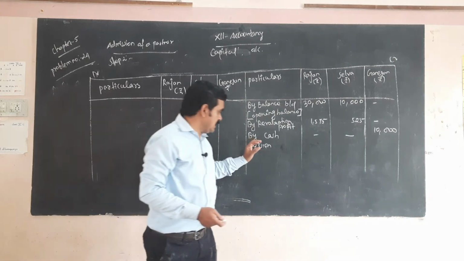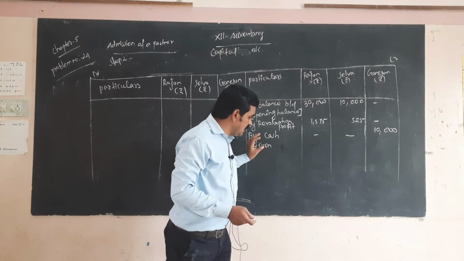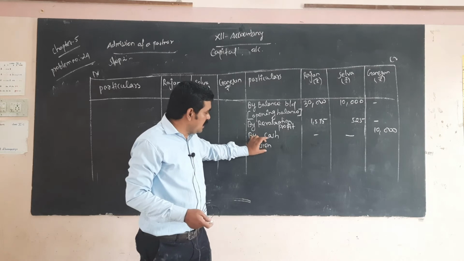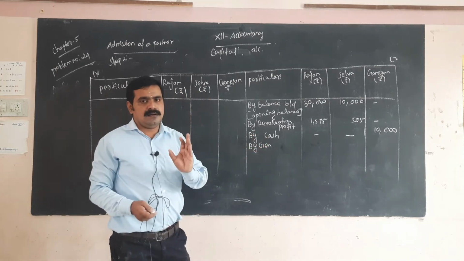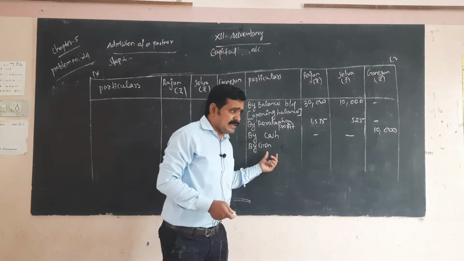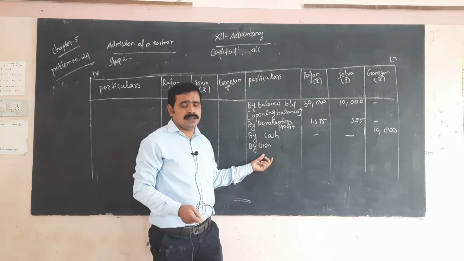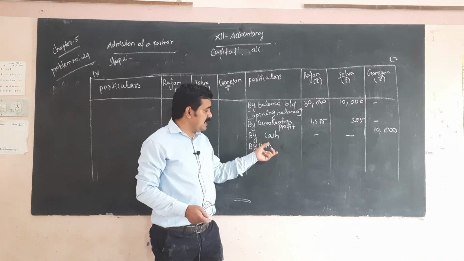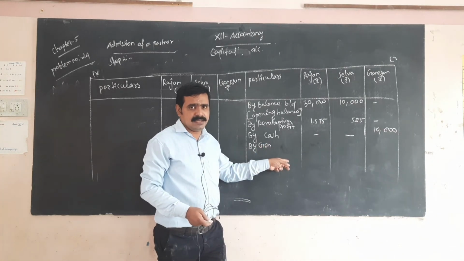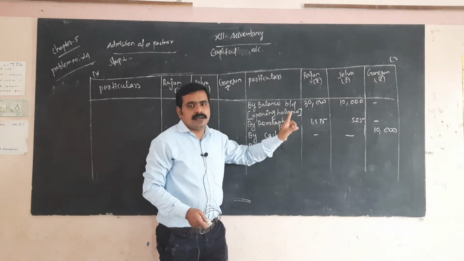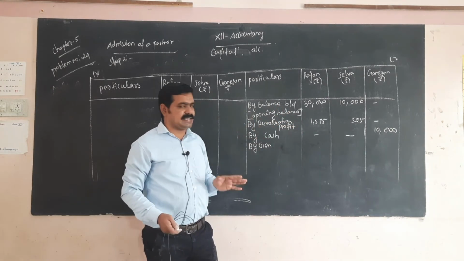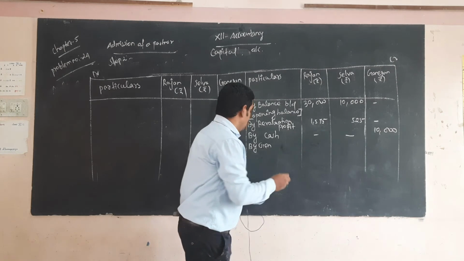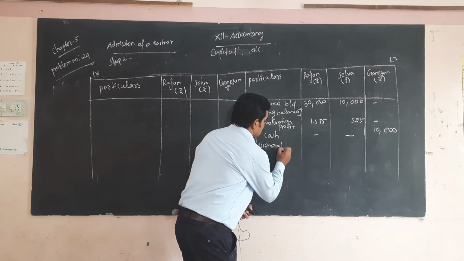General reserve is also included in your problem. So this general reserve is considered on the capital account credit side.